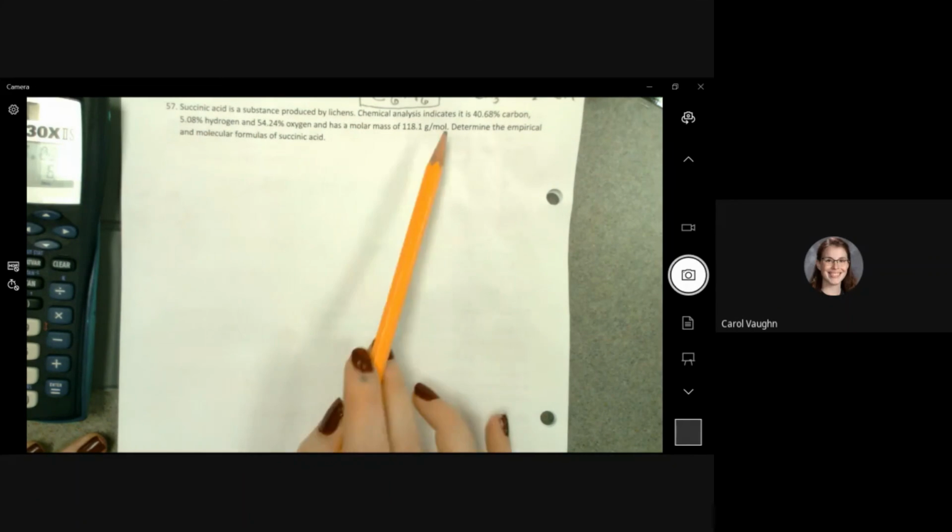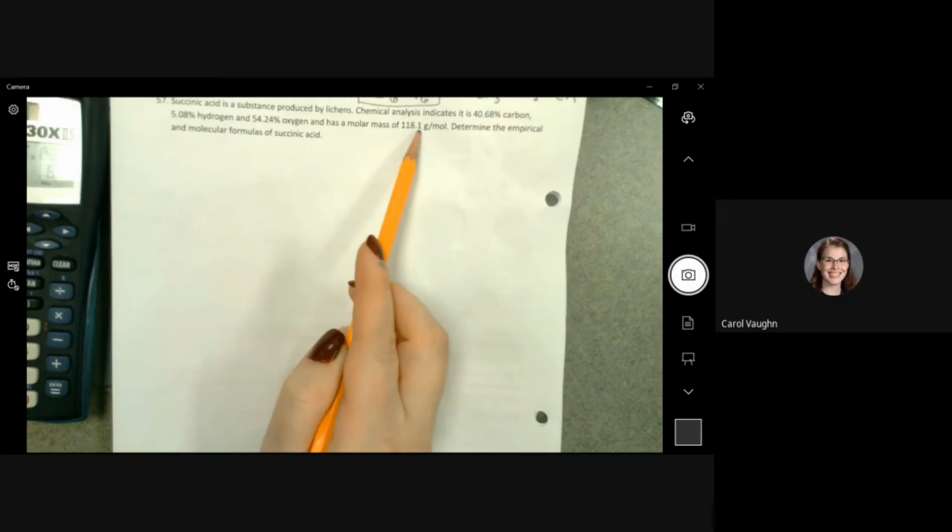Okay, so if we're putting it all together, we're taking percent composition and empirical formula and molecular formulas. I want you to determine the empirical and molecular formulas of succinic acid. All you're given is that it is 40.68% carbon, 5.08% hydrogen, and 54.24% oxygen.